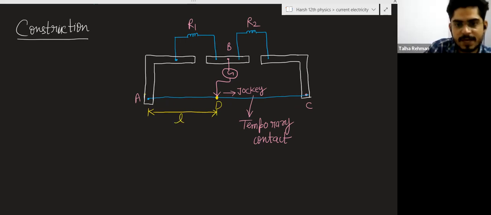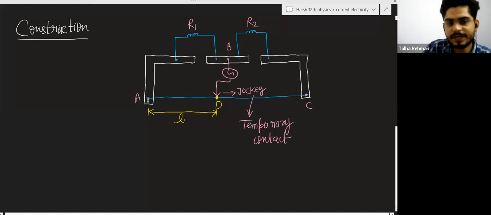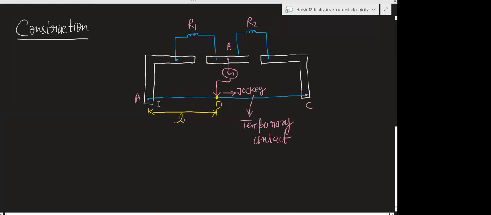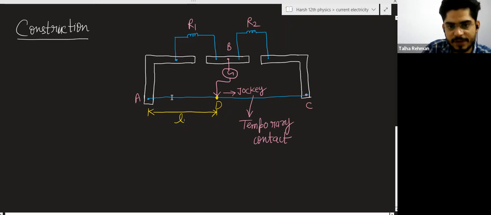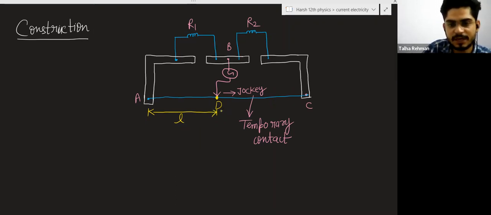Suppose this is L. The length of this AC wire is 100 centimeters. If the length from A to D is L, then from D to C the length will be 100 minus L.